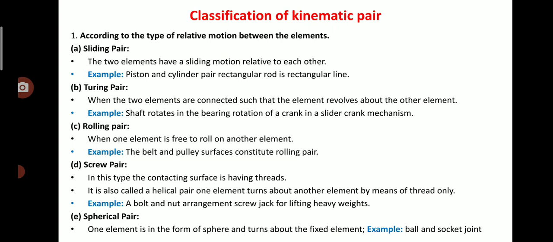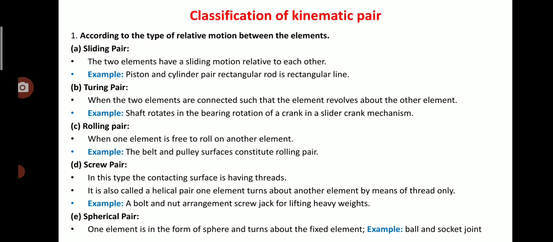As the name suggests, sliding pair means the two elements have a sliding motion relative to each other. The example is piston and cylinder pair. Second one is turning pair, when the two elements are connected such that one element revolves about the other.